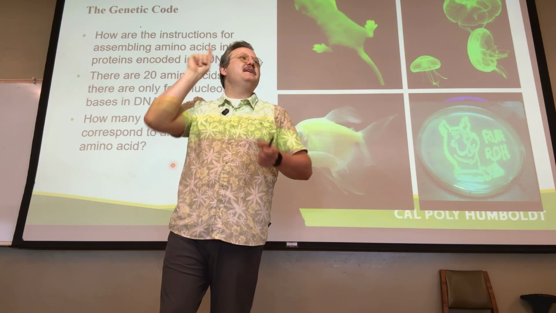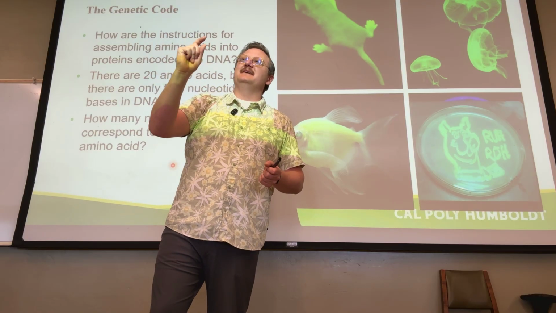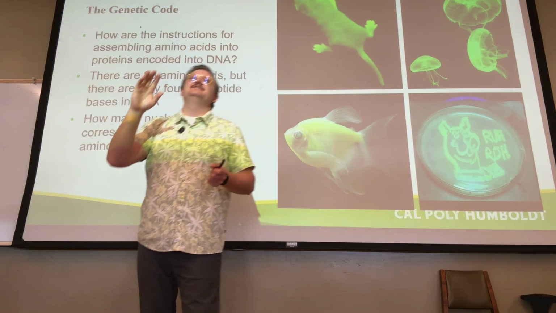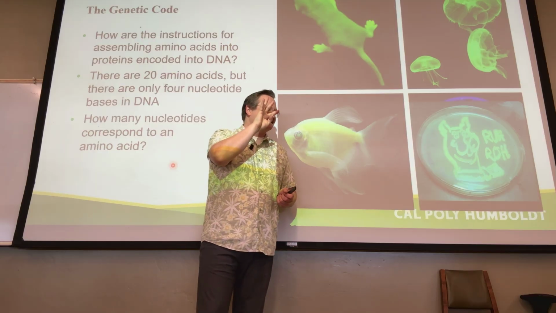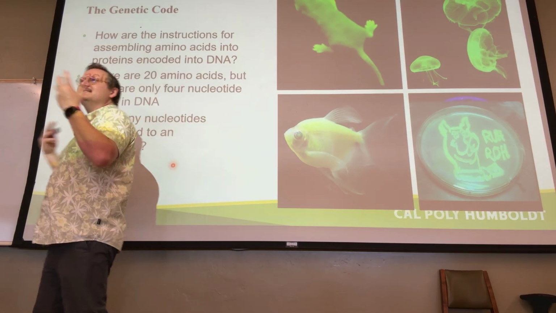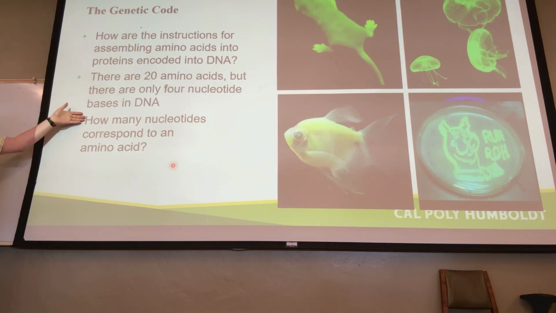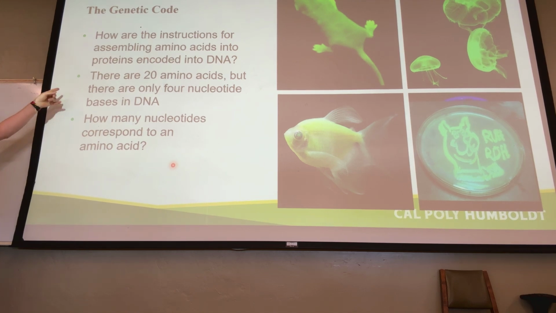So it can't be a one-to-one, right? A can't just translate to a single amino acid because then you'd only be able to encode 4 different amino acids, right? So instead, you need this coding system to allow nucleotides to encode all 20 different amino acids.